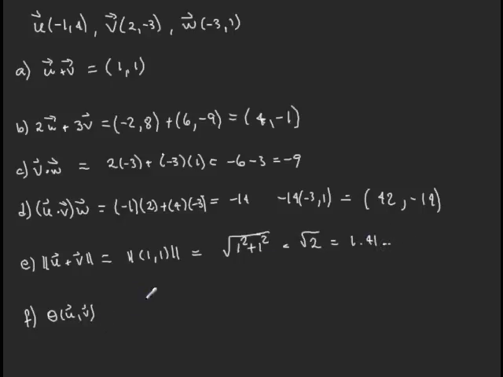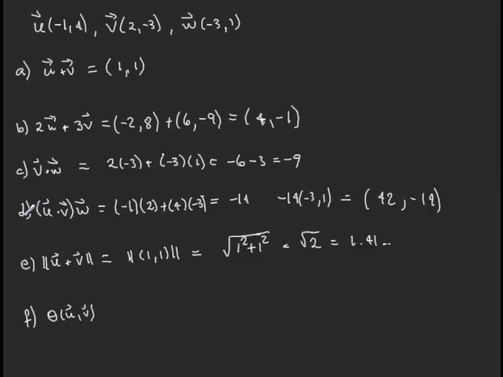And finally, in question F, you're asked to find the angle theta between vectors u and v. So I've written it out like this, theta between u and v. And the best way to do this is always to start with a scalar product. So you know the components of u and v, so you can take the algebraic scalar product between the two of them, and that's just x component of u times x component of v plus y component of u times the y component of v.